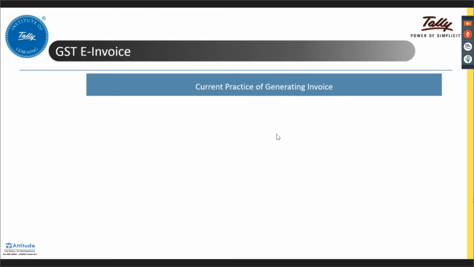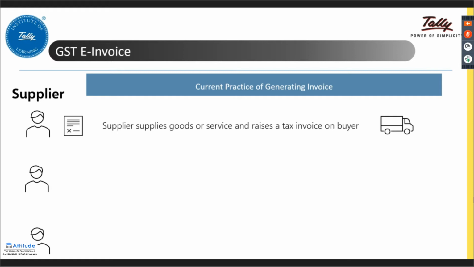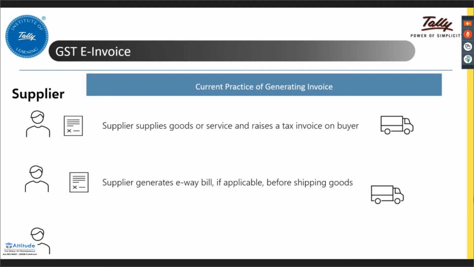Considering an example here, the current practice, as of now under a manual billing system, or issuing a manual taxable invoice, is that the supplier will deliver or supply the goods or services, and he will raise a tax invoice on the buyer, correct? And then the supplier will generate an e-way bill if applicable before shipping the goods, right?